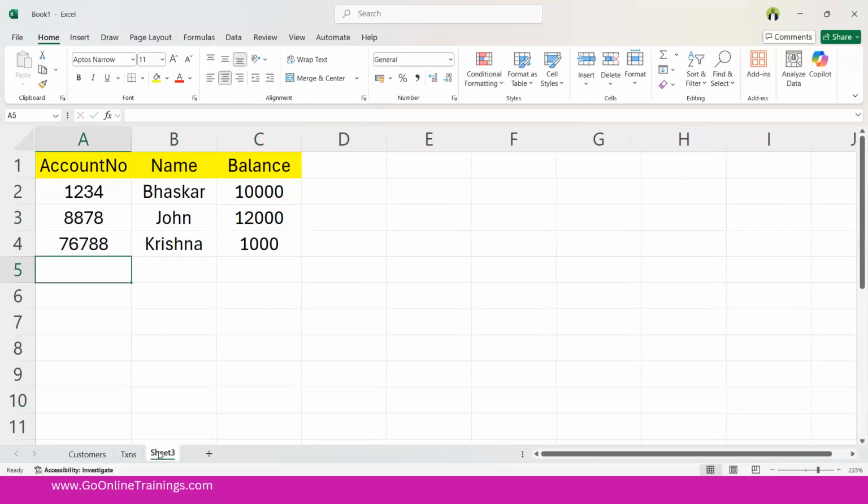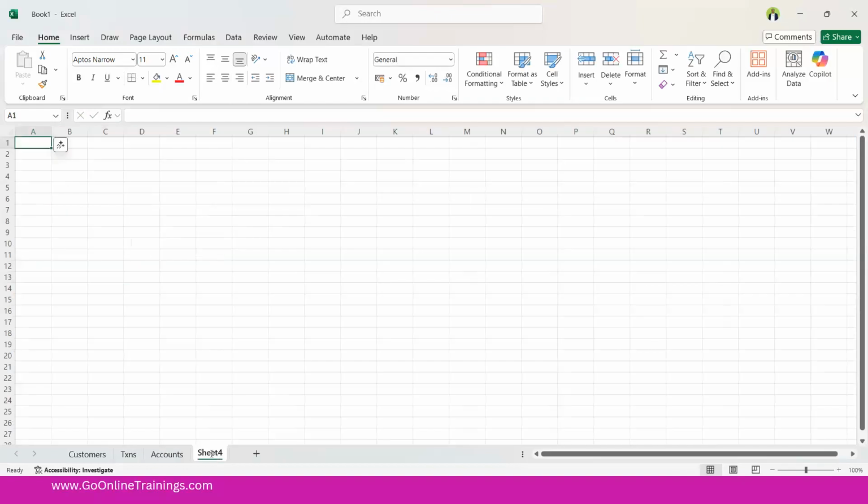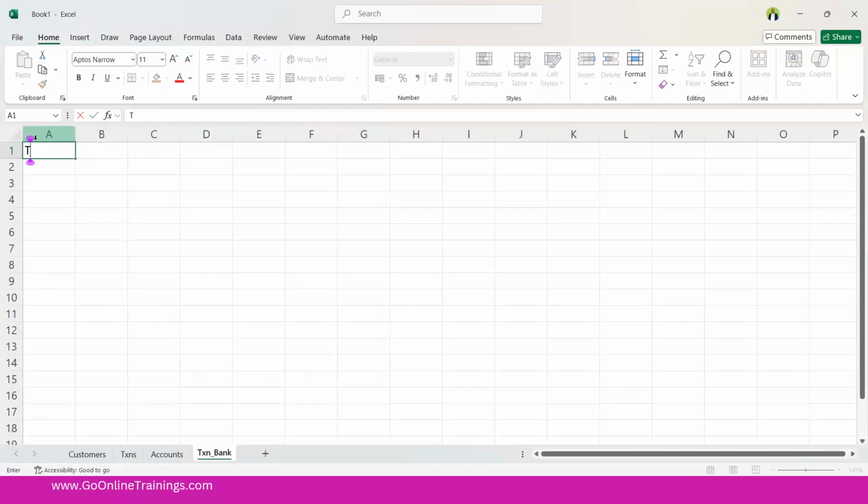This is the accounts table of a bank. Now there are bank transactions. So what kind of transactions do we have? We'll have a transaction number, an automatic number, and what is the account ID, the date of the transaction, the transaction amount, and the type of the transaction, right?